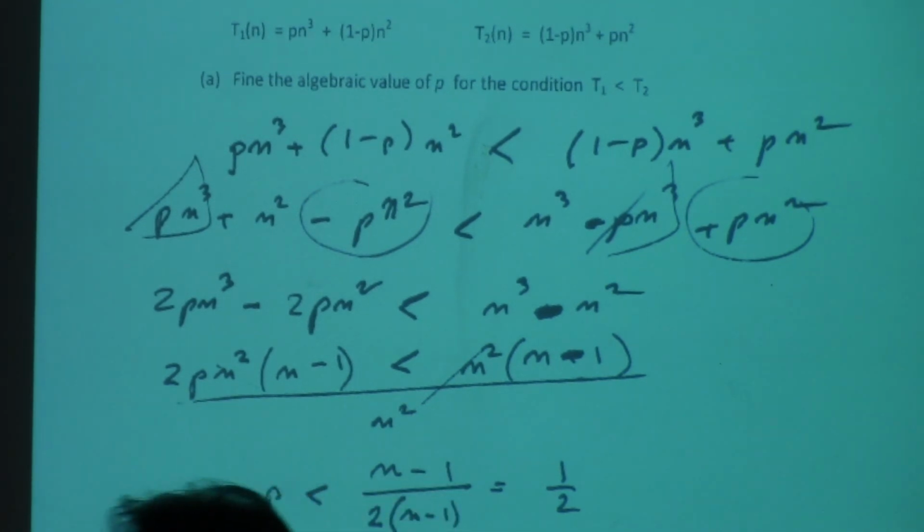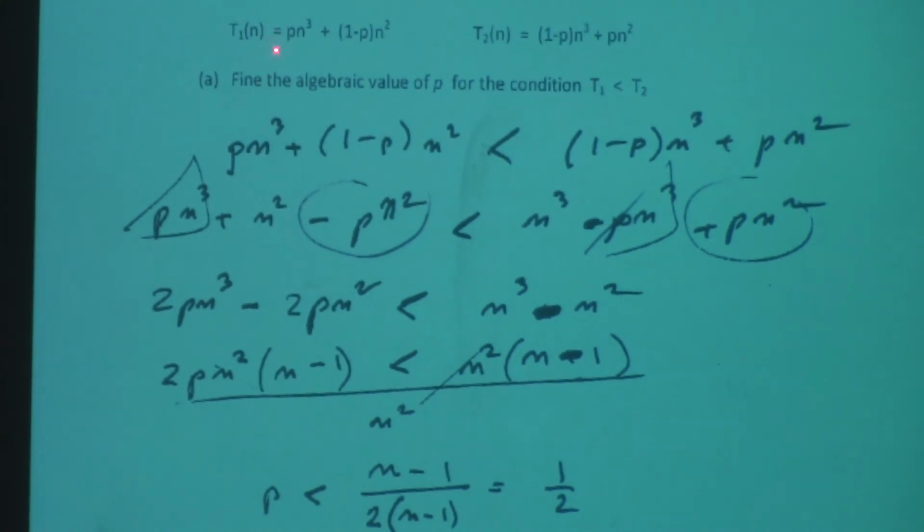Well, what's going on here when P is equal to 1/2, those are exactly the same. When P starts getting bigger, what happens to this? The cube term becomes heavier than the quadratic term.